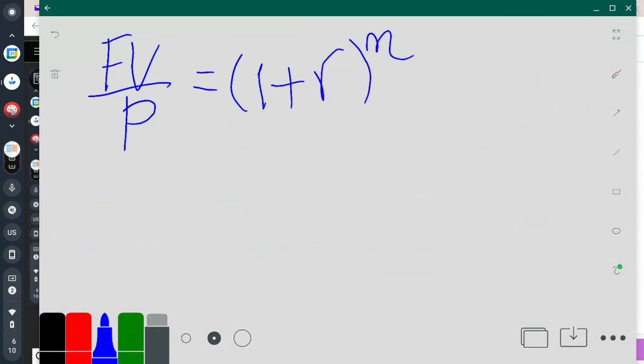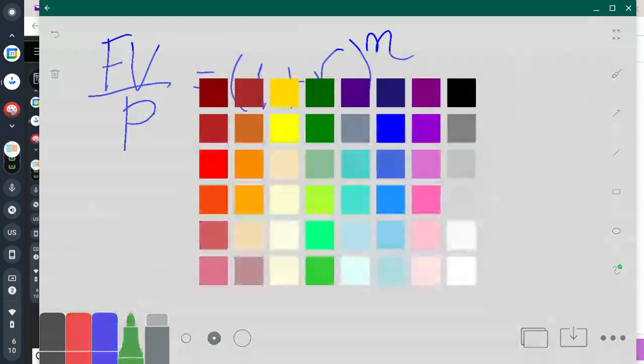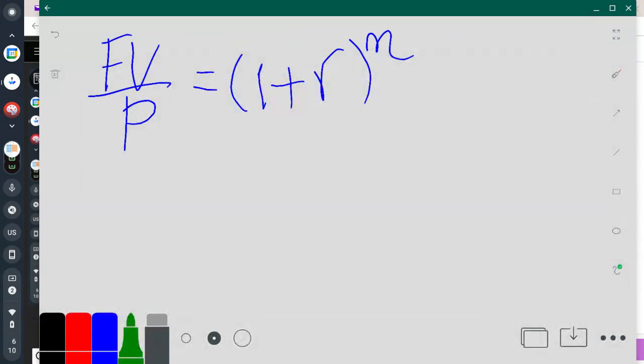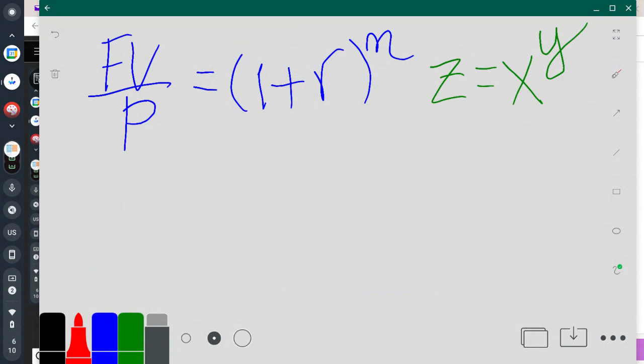Now it's back to z equals x raised to y. It's still a power function, and this time the exponent is the unknown. That's what we need to find out. And how do we do that?